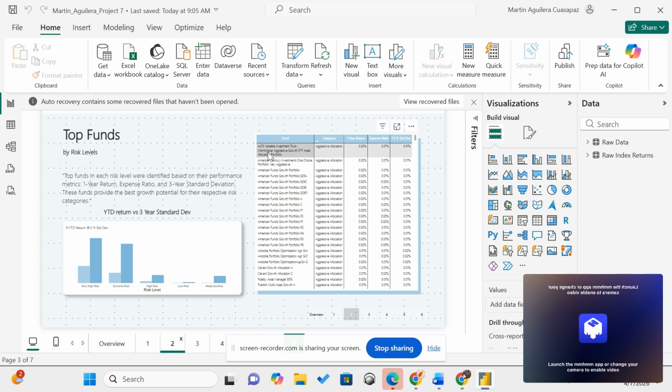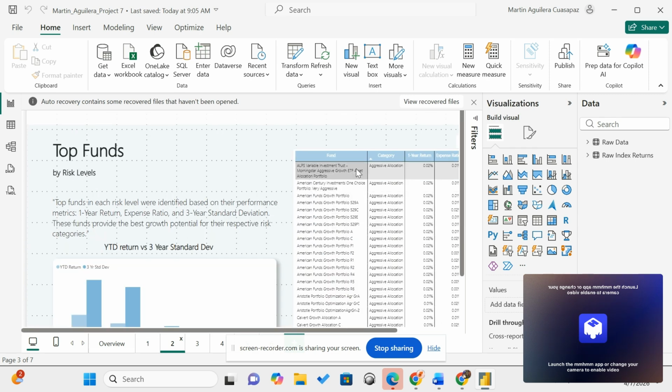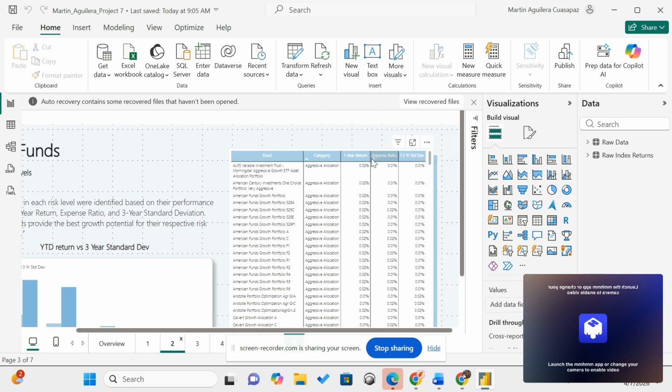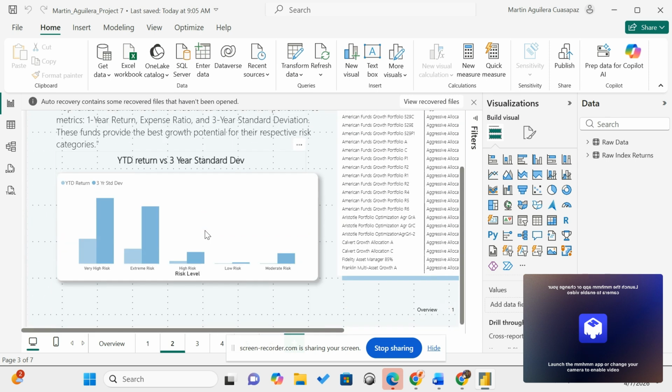As we can see here, we have different funds with their category, return, expense ratio, and deviation, across the high risk, extreme risk, low risk and moderate risk levels.